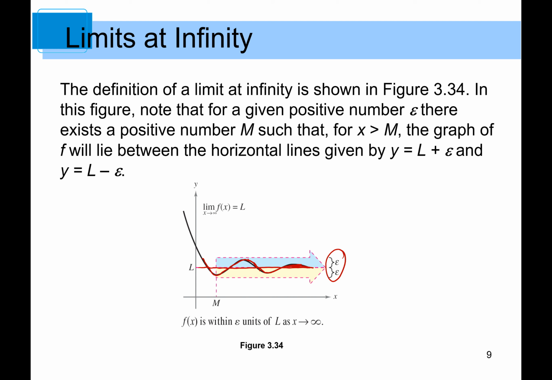That's what we call the graph of f lies between the horizontal lines given by y equals L plus epsilon and y equals L minus epsilon. Then it will lead us to a definition of the horizontal asymptote.